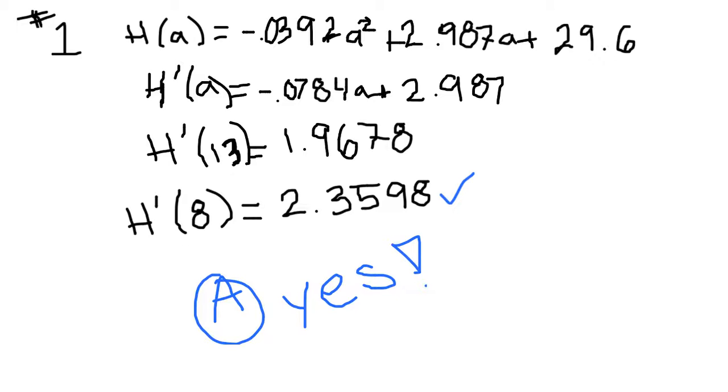Well, this is the smaller number here, meaning the slope is smaller, meaning it's increasing at a smaller rate than this larger slope here. So to answer the question, yes, the average height of a 13-year-old girl increases slower because this is a smaller number than that of an 8-year-old girl. Alright, moving on to number 2.